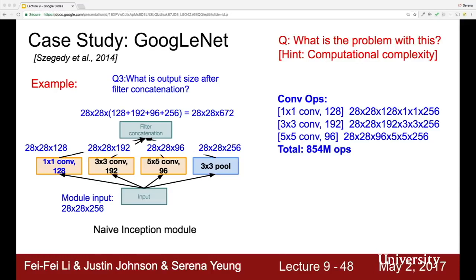We have to do this 256-dimensional multiplication at each one of these locations. And then we have 128 total filters at this layer, producing 128 total feature maps. So the total number of operations here is going to be 28 times 28 times 128 times 256. You can think about this the same way for the 3x3 conv and the 5x5 conv. It's exactly the same principle. And in total, we're going to get 854 million operations happening here.